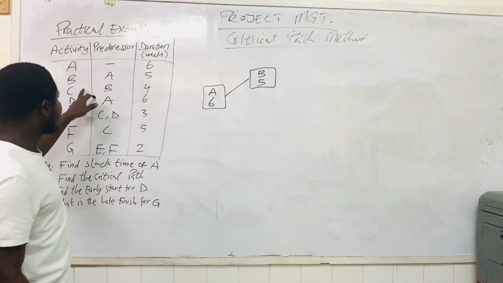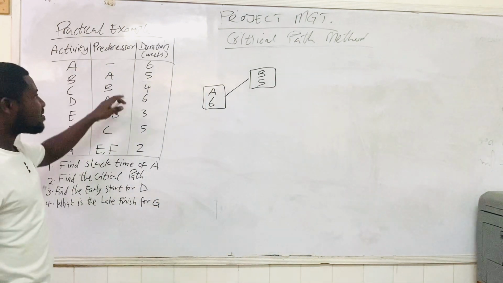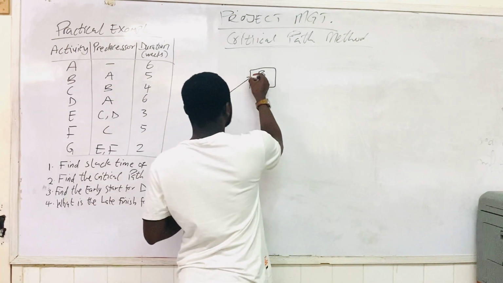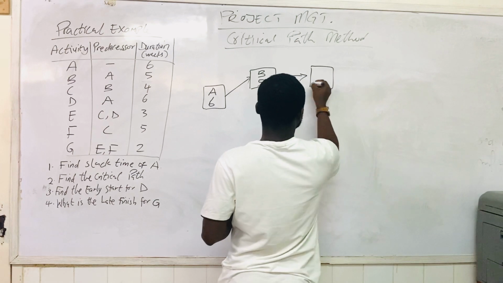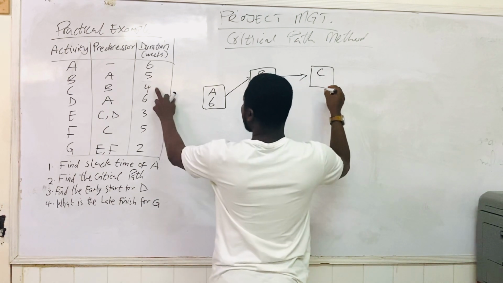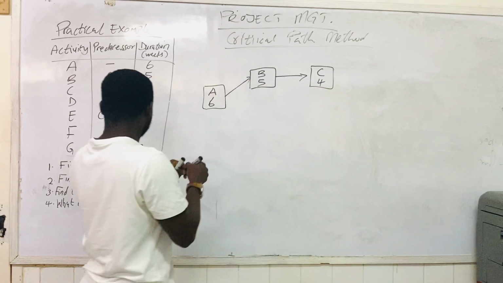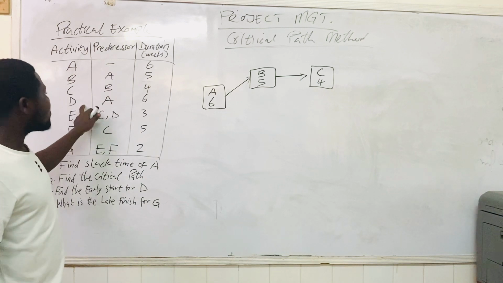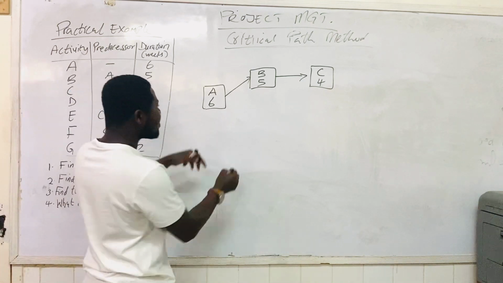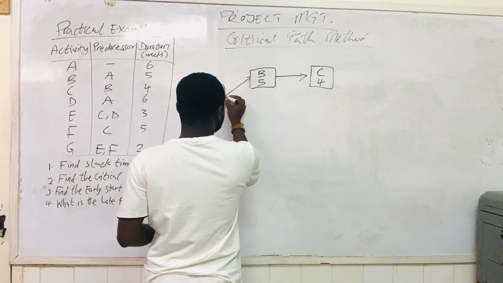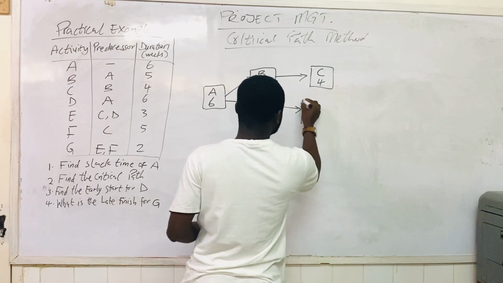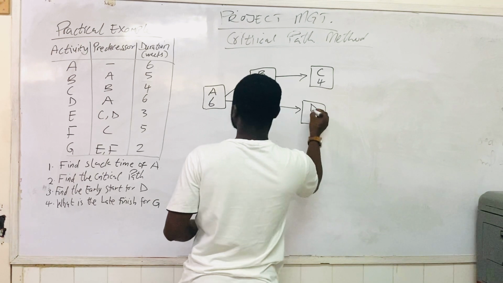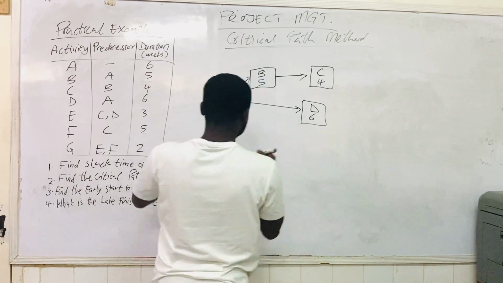Then we have activity C, whose predecessor is activity B. And so we go to C with 4 weeks. Then we go to D, whose predecessor is activity A. And so all the way from A, we have D. We have activity D that is giving us 6.